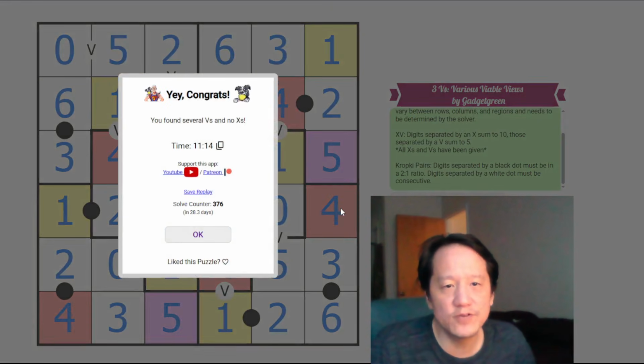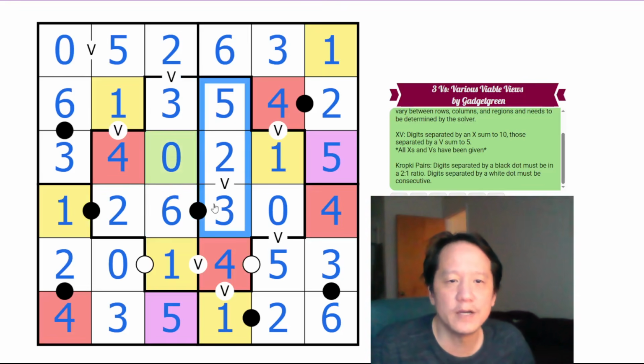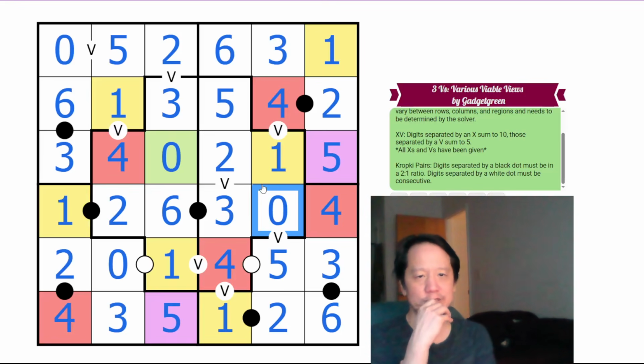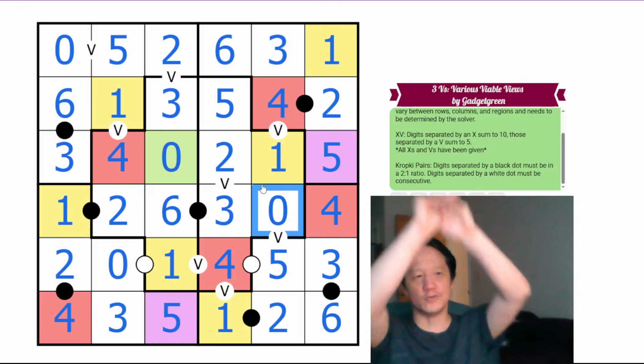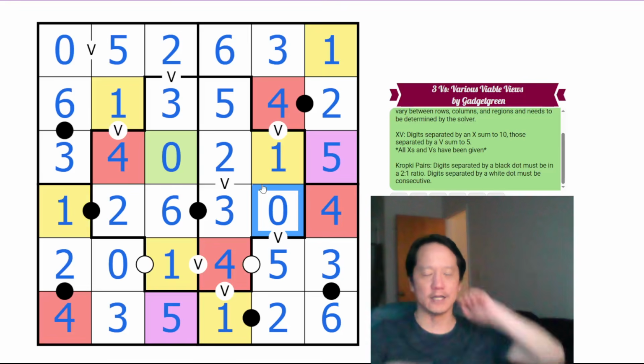You found several V's and no X's. That is true. Yeah, pretty interesting, actually. I enjoyed this. This was slightly different from normal variant Sudokus, so I kind of wanted to highlight that.